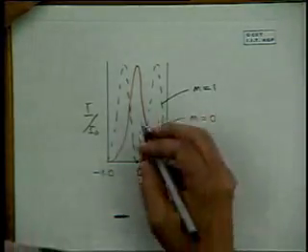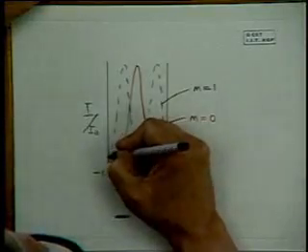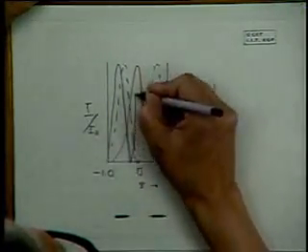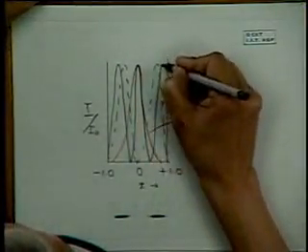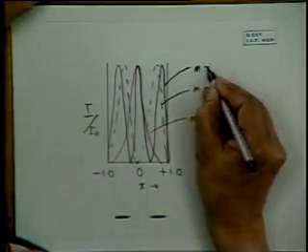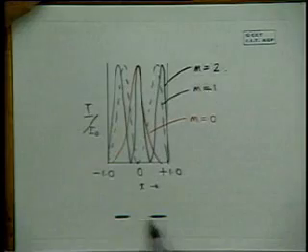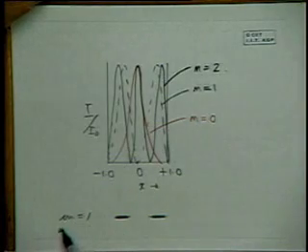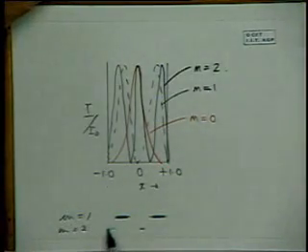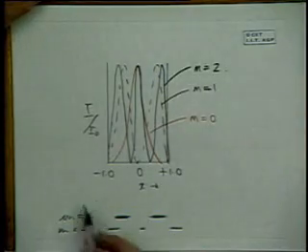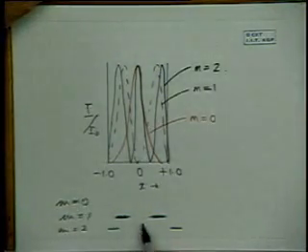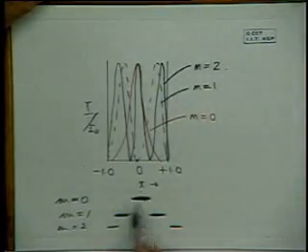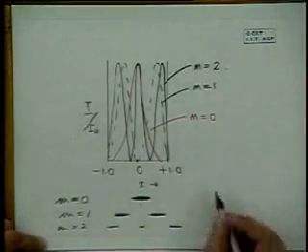M equal to 2, you'll get another pattern. Obviously this is not good because you're not getting any light on axis. And here, M equal to 0, you will get one strong pattern.